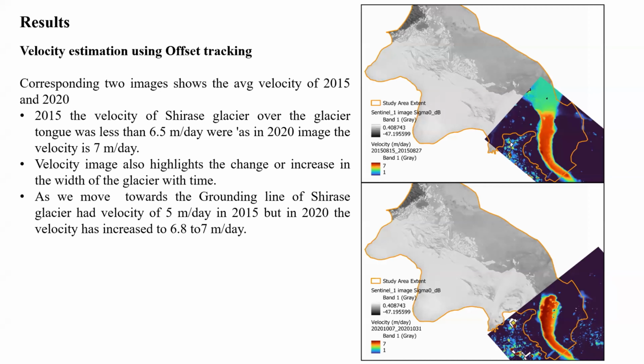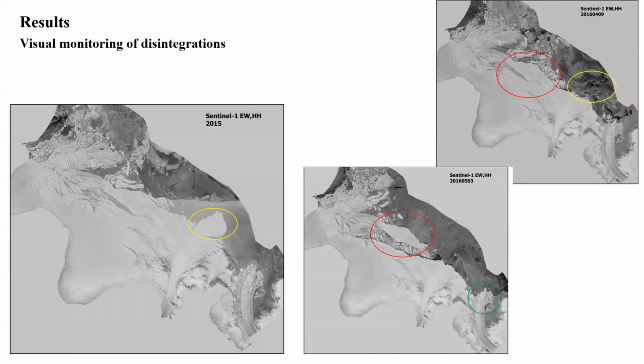So the pattern of velocity over that glacier has increased, and it also shows that the width of the glacier has flattened out and increased a little.